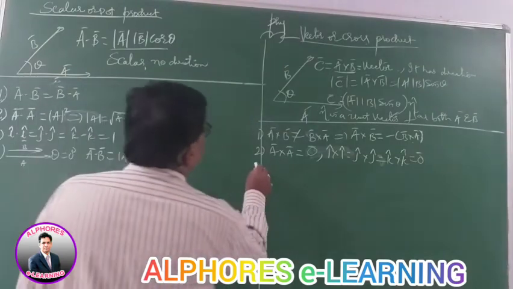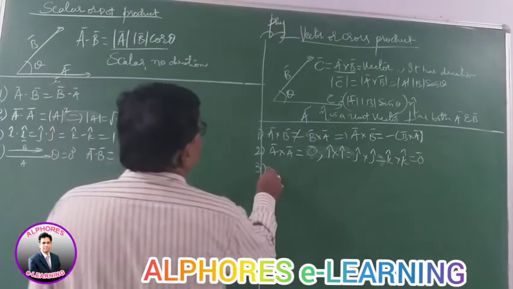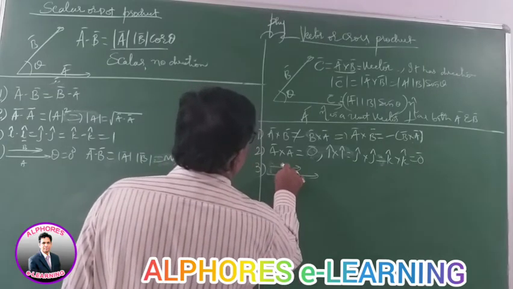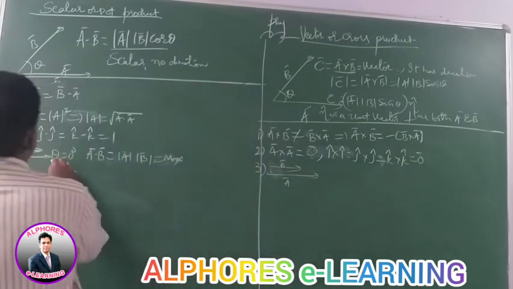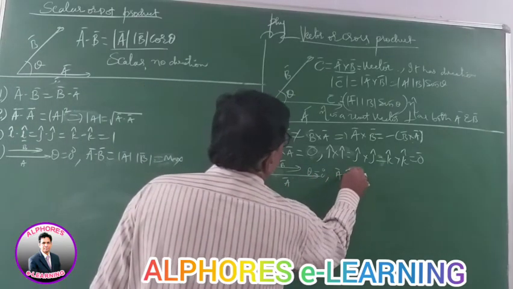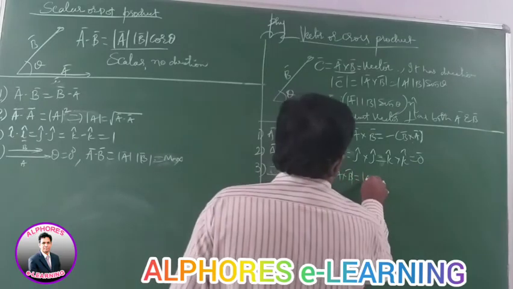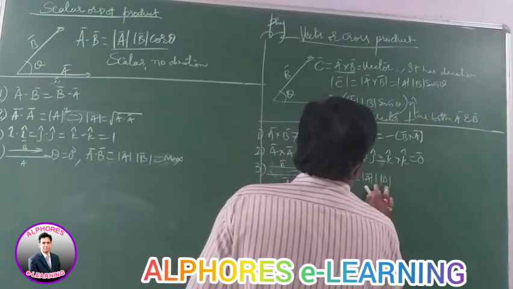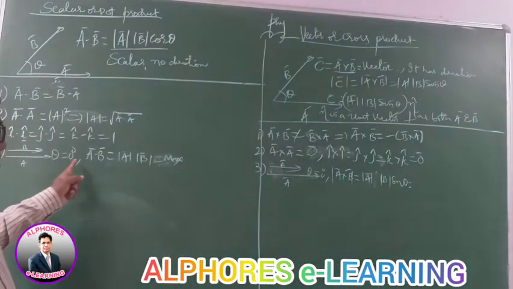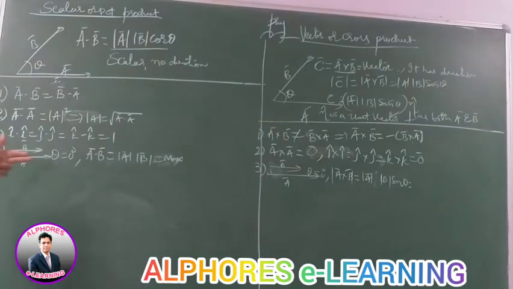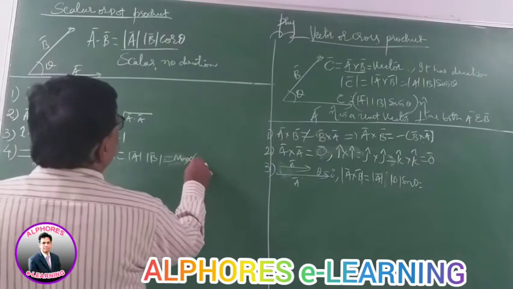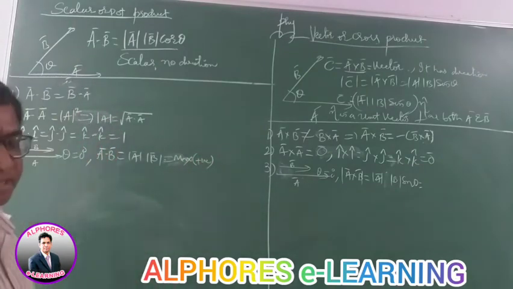Same for when two vectors are in same direction: the dot product, cos 0 is 1, maximum positive value.